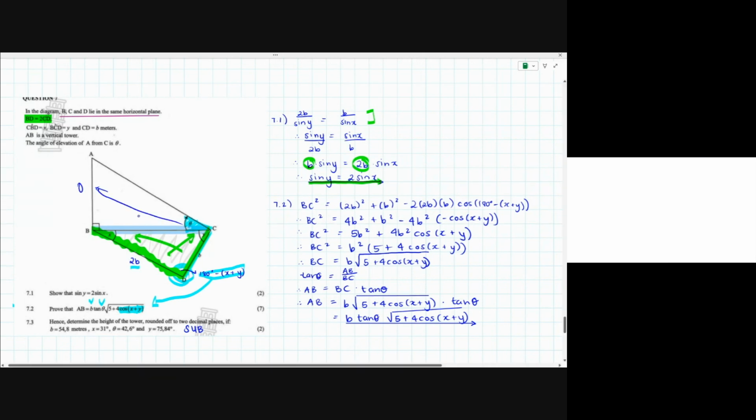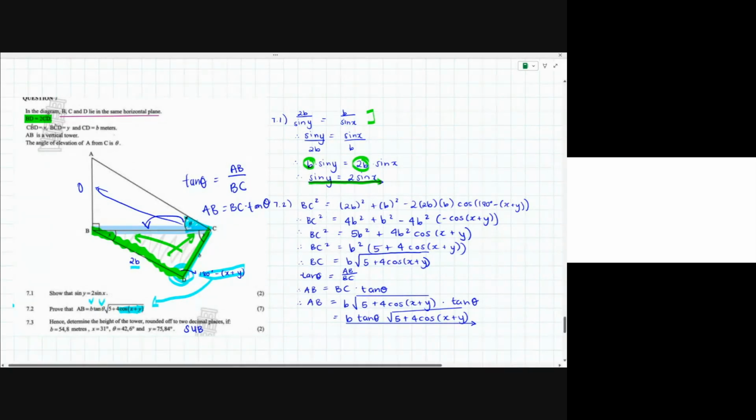And so, yes, we could use sine, we could use tan, but if you think about it logically, we're able to get BC by working in the bottom triangle. Oh, sorry. So tan theta is equal to opposite, which is AB, over BC. And so if we want AB, that means we need BC times tan theta. And there's the tan theta that I want in my expression.